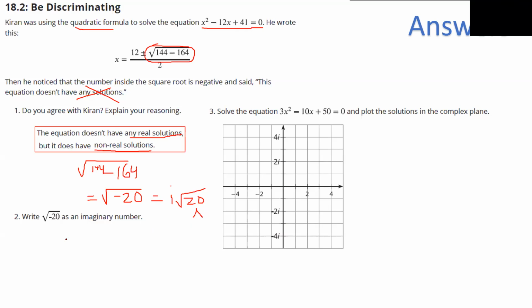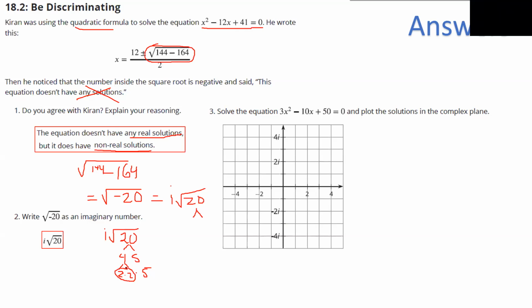All right, awesome. So now that you guys had opportunity to try and answer this question on your own, let's go ahead and do that. Well, I already kind of gave you a hint that this will become i square root of 20, but what I was asking you to do is break down this 20 using a factor tree, finding all our prime factors. So what gives us 20? We know that 4 times 5 is 20, and we know that 2 times 2 times 5 will give us 20.